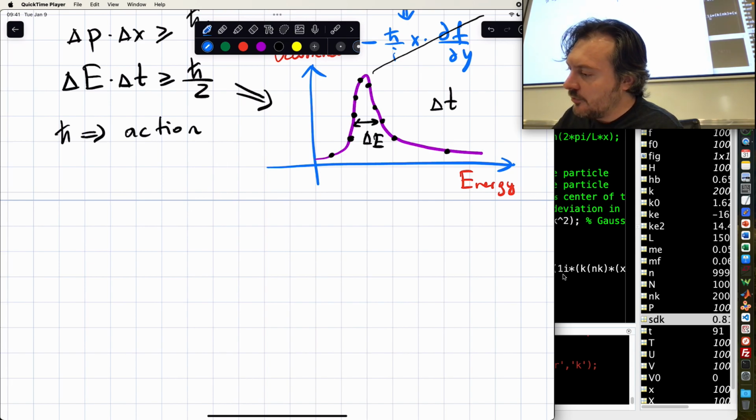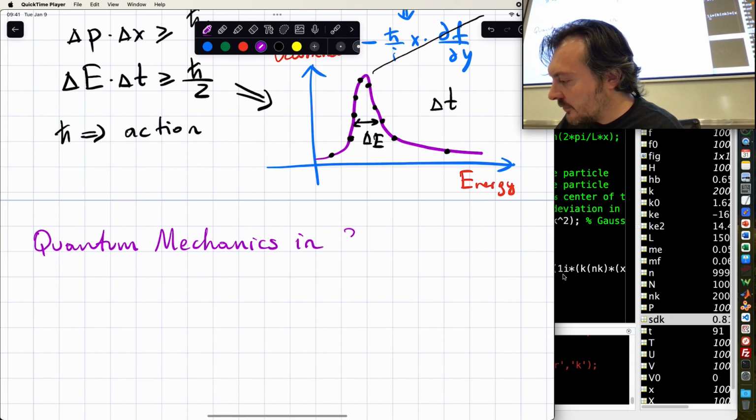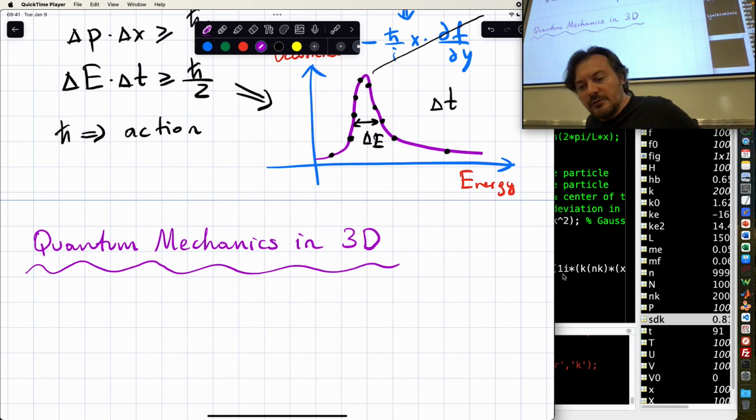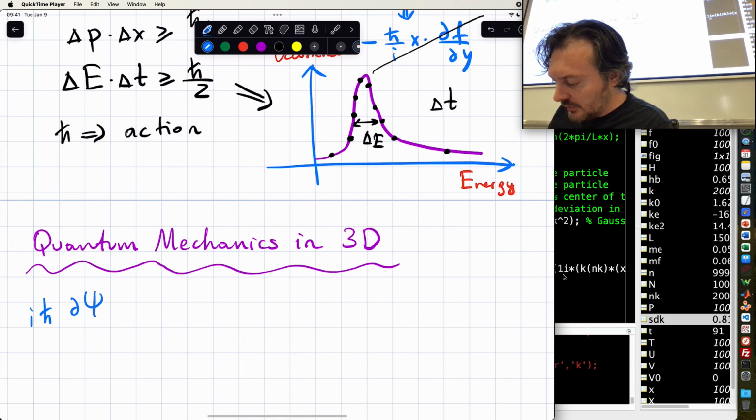Let me actually move on to quantum mechanics in 3 dimensions. So far we were doing it in 1 dimension, right? So let's do it in 3 dimensions, and the Schrodinger equation just simply extends to 3 dimensions like this, x, y, z.